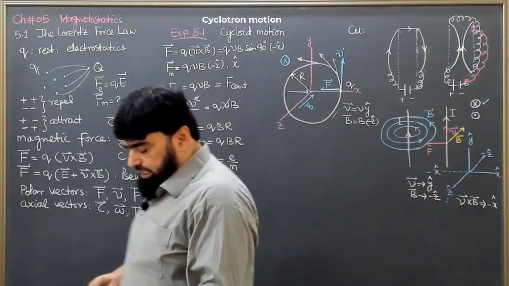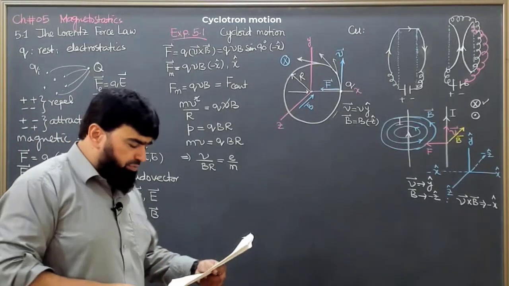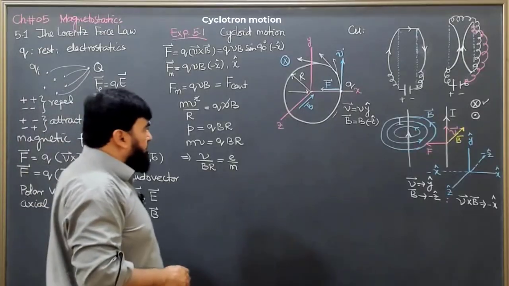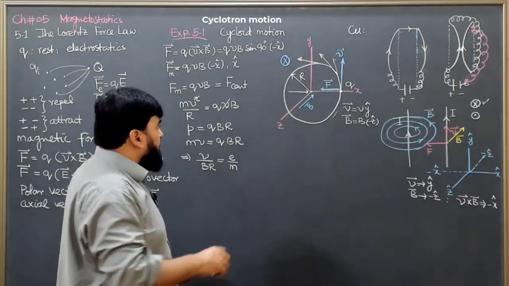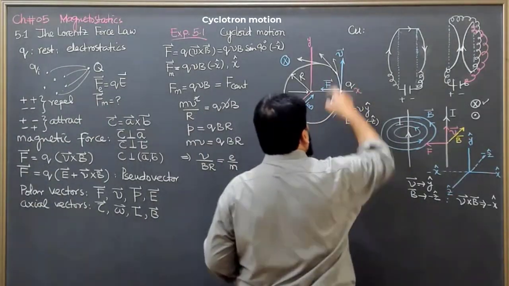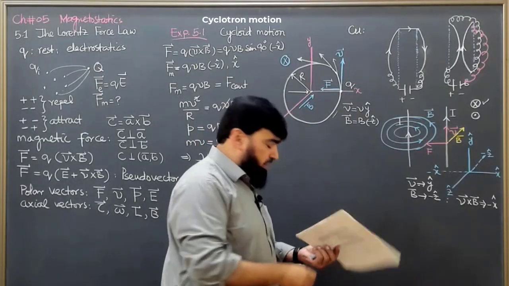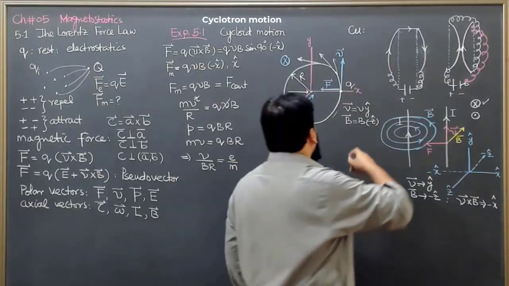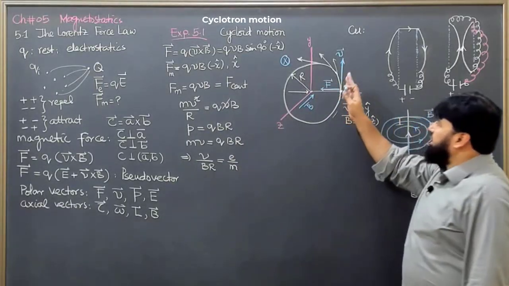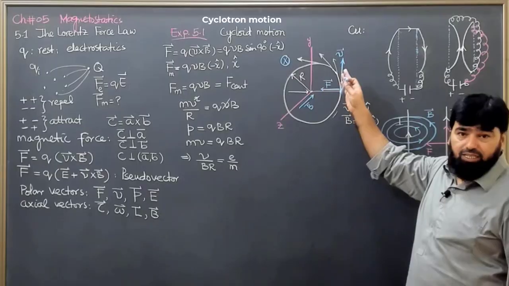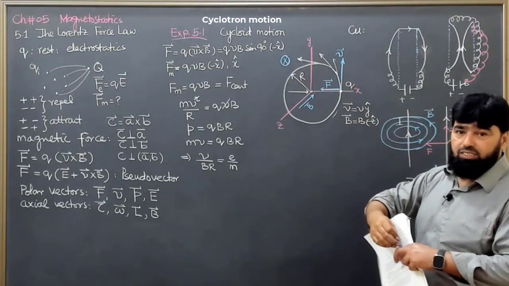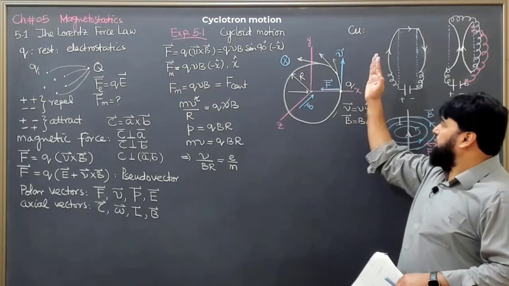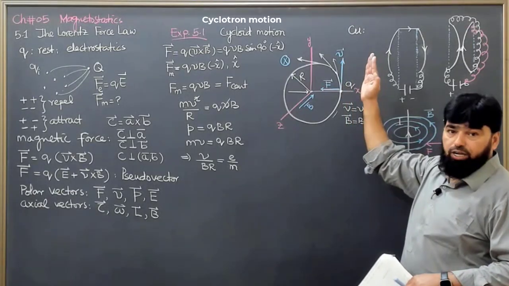The other thing is, if we have the V exactly in this direction, but what if it is slightly tilted, like V here, like this, so it is going exactly in the y direction.